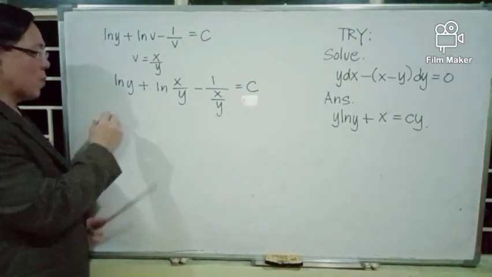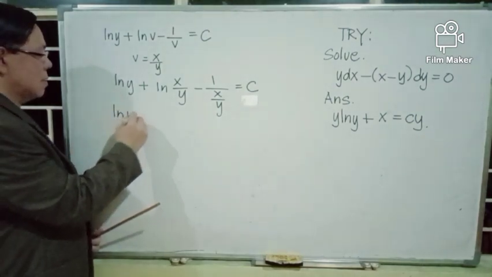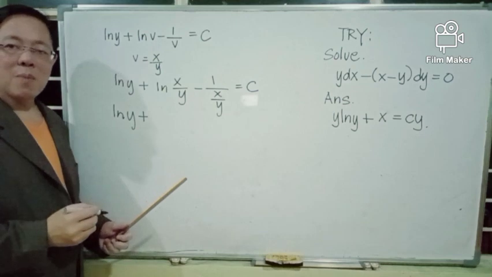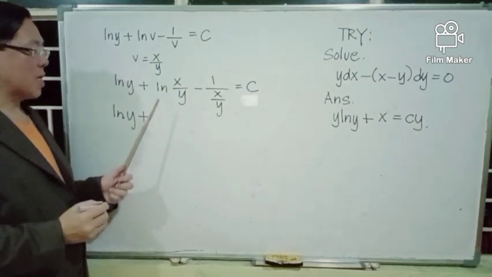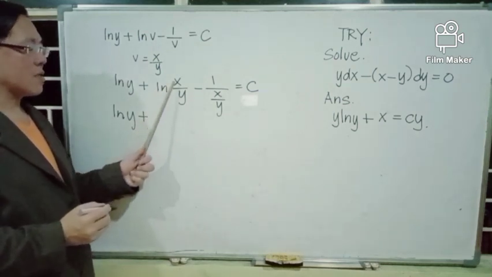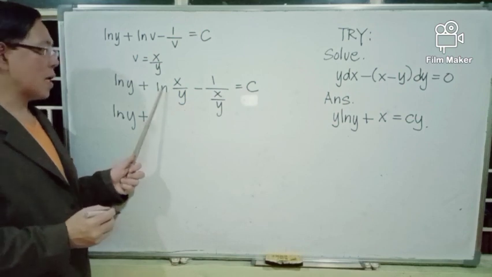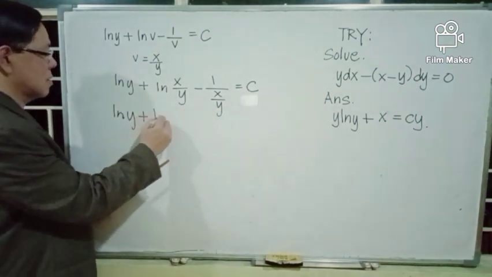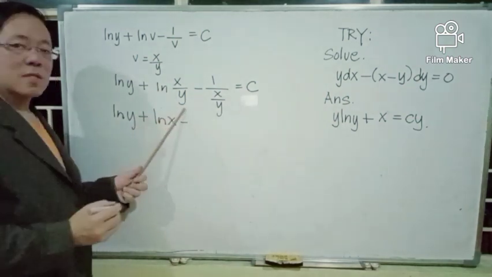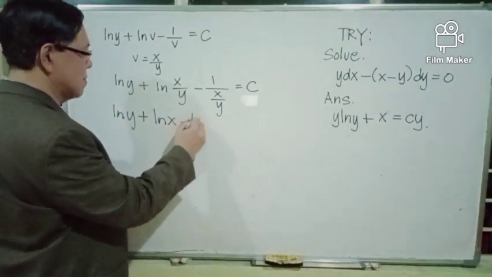We have ln y plus, by one of the properties of natural logarithm, ln of y over x is equal to ln of y minus ln of x.